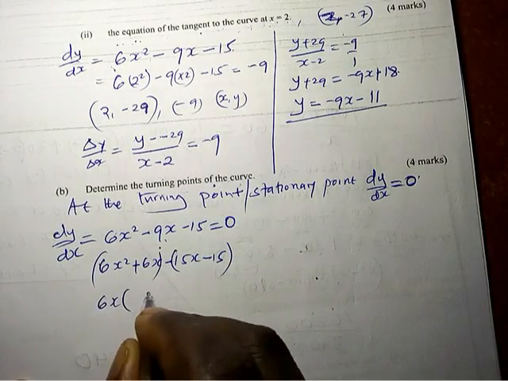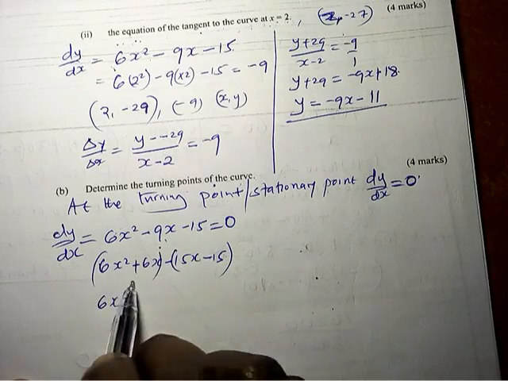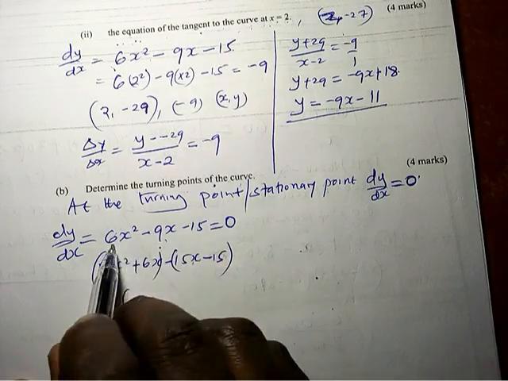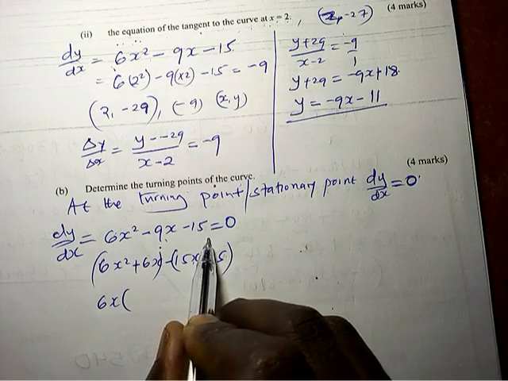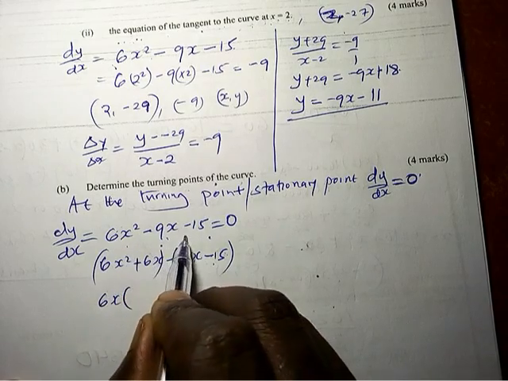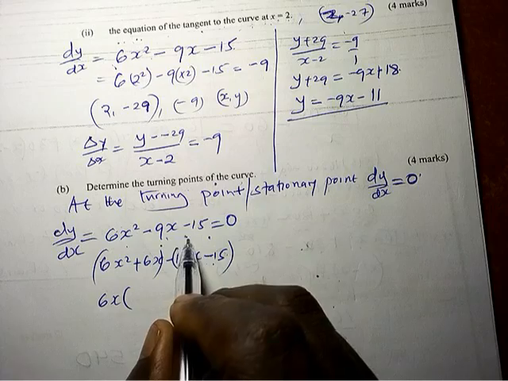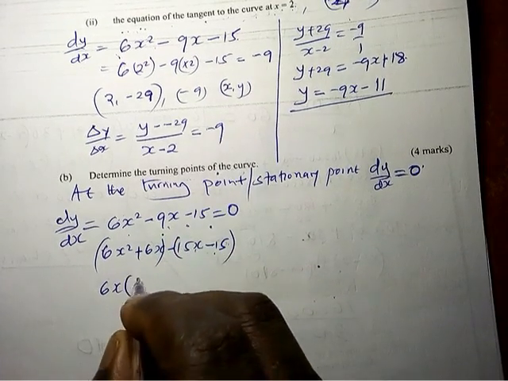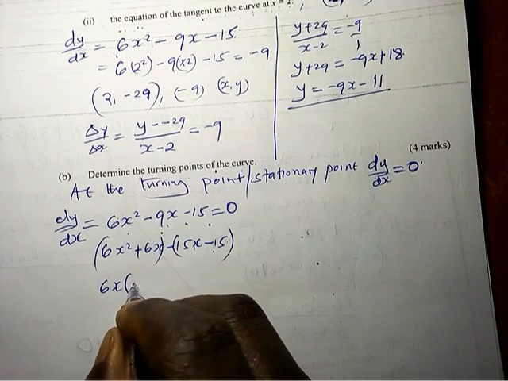You don't need to solve like this. You can solve this equation using the quadratic formula. That is the simplest. If you don't know how to get these factors, just use the quadratic formula and you will get the values of x.